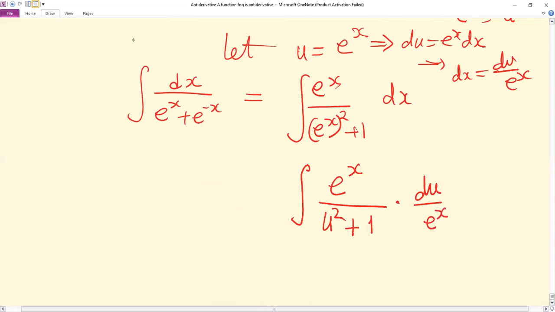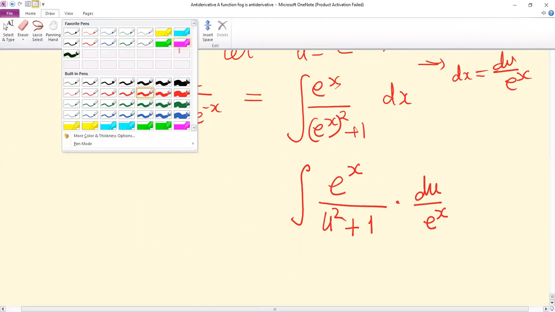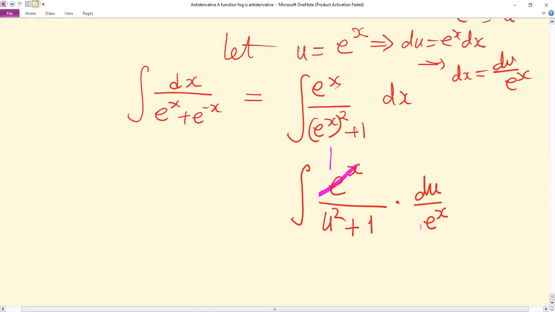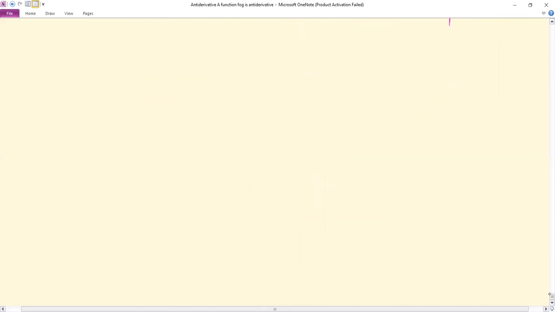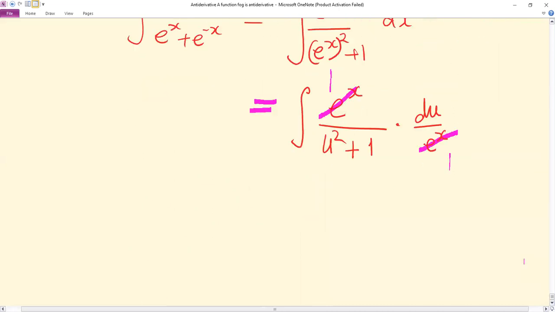And you should see that e raised power x will cancel out. So the integral will just be integral of du over u squared plus 1.